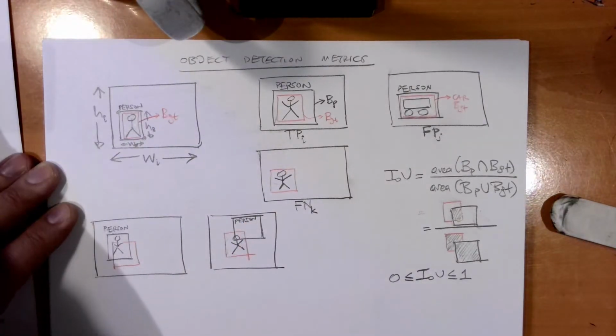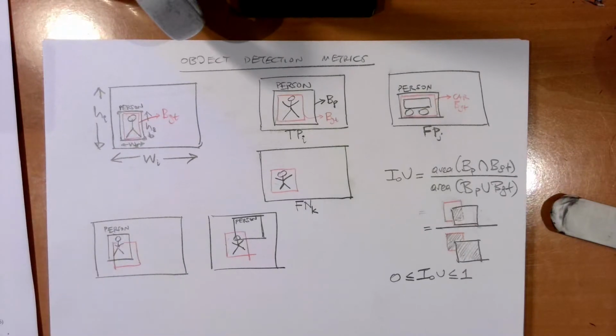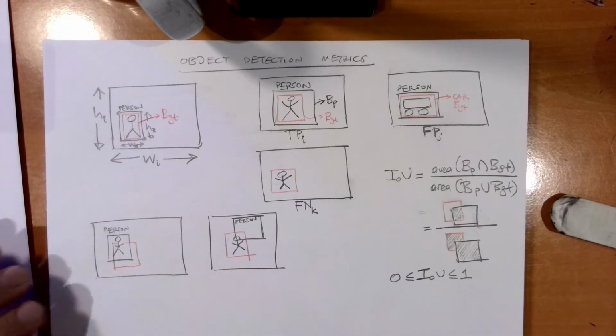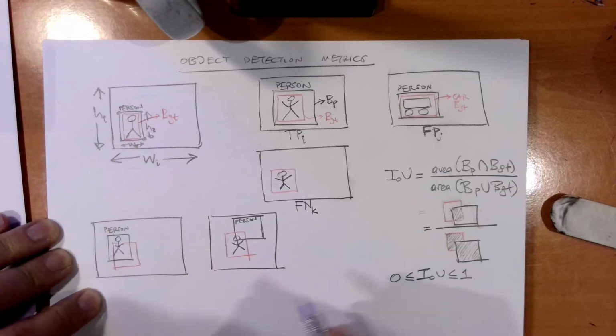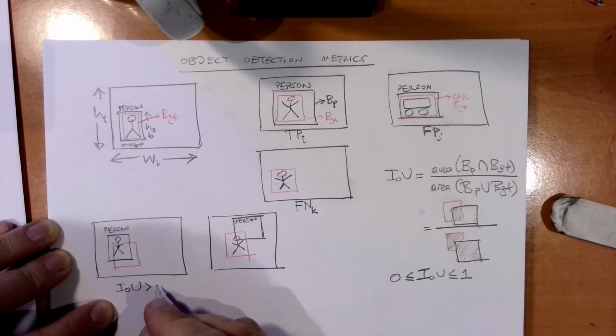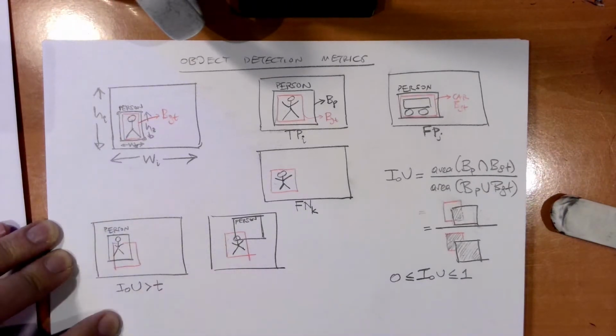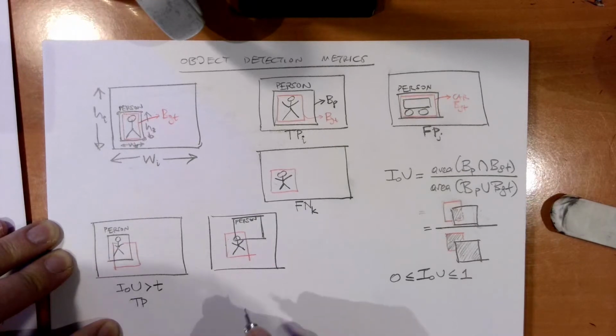So despite the fact that we can actually label this as a person, these are the two cases of interest here, and I think by defining what is actually called the IOU threshold, we are able to consider those which have significant overlap, which means that the IOU is above a certain threshold. So I will call this IOU is greater than a threshold, and I will denote it as a small letter t, a true positive event.